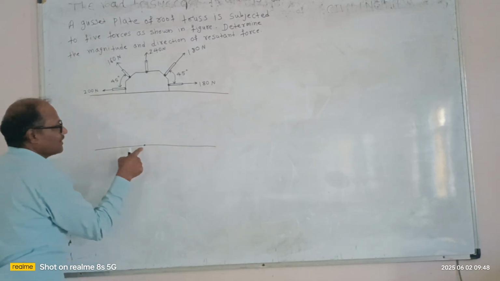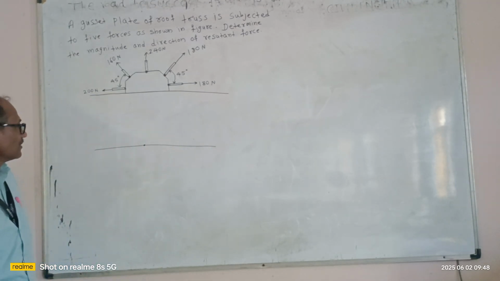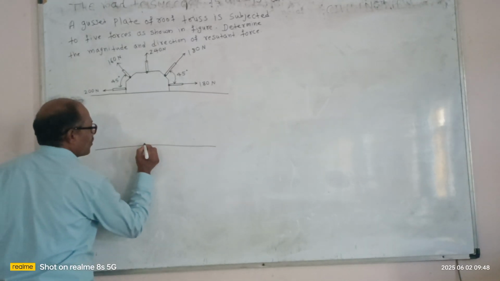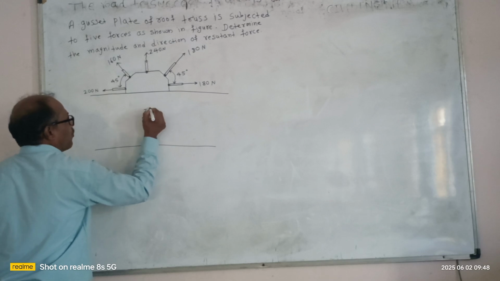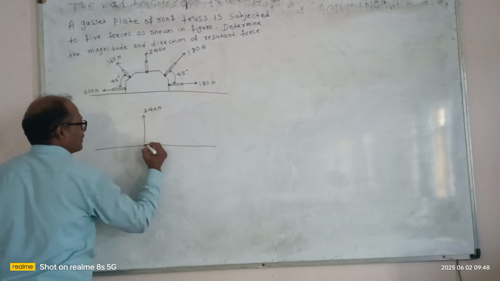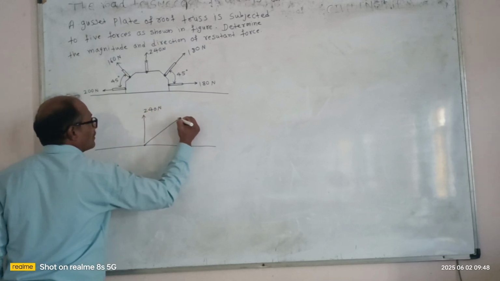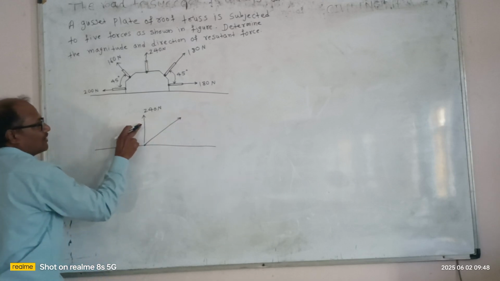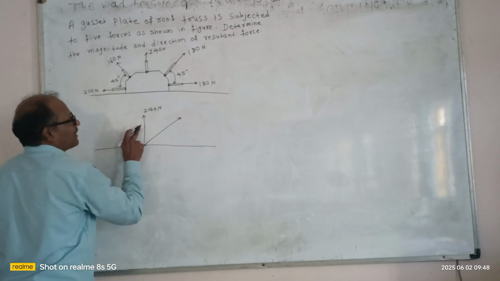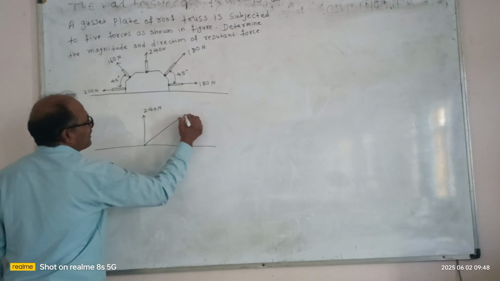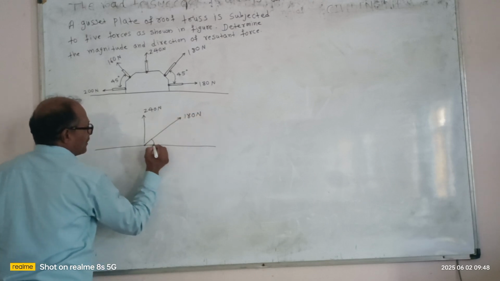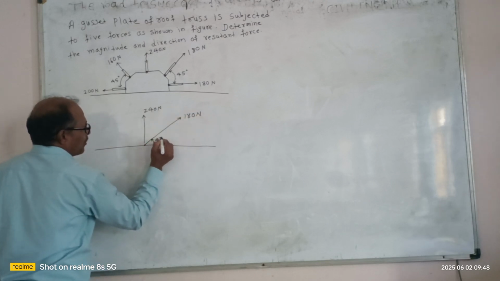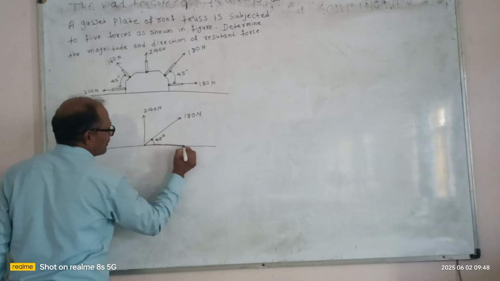This point represents the gusset plate, and this point is subjected to 5 forces like this: 240 Newton vertical, it's a purely y direction force; 180 Newton making an angle of 45 degrees.